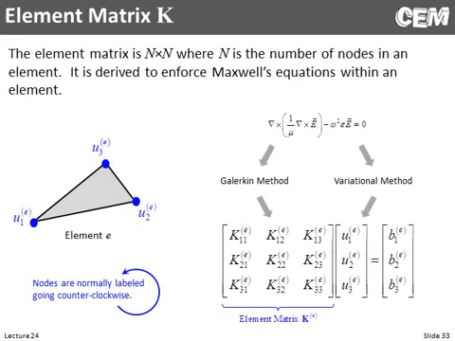Then here's where I'm skipping a lot of stuff, but we'll have what's called the element matrix. So we start off with our governing equation, in this case our wave equation, and we go either through the variational method or, like we showed, the Galerkin method, and we end up with this in matrix form. But we will apply this only to one element, and one element only has 3 unknowns.